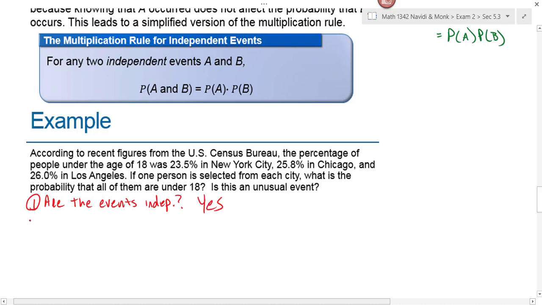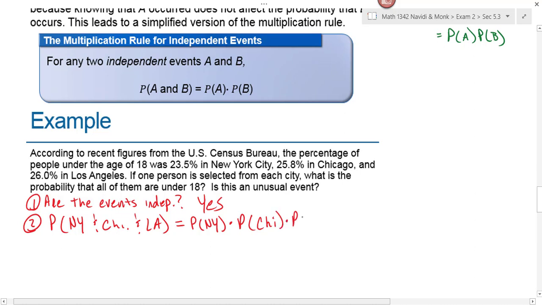So what I want to find now, because these are independent, is the probability that I randomly select someone from New York and Chicago and Los Angeles, and that's going to be equal to the probability of randomly selecting someone from New York who's under 18 times the probability of selecting someone from Chicago who's under 18 times the probability of randomly selecting someone from LA who is under 18. Because these events are independent, it makes the multiplication very easy.